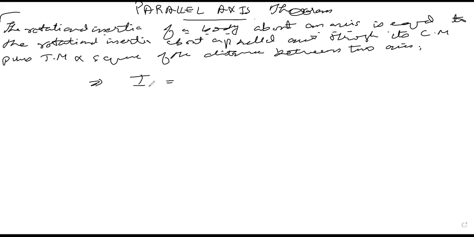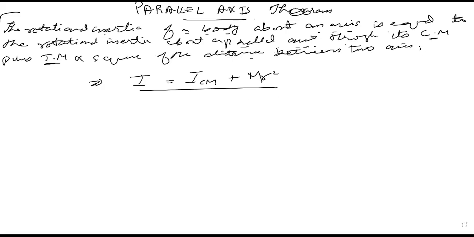This can be any axis, and it is equal to the rotational inertia about some parallel axis through its center of mass, plus the total mass, let's represent it with capital M, times the square of the distance between the two axes. Let's say the distance between the two axes is r. This is the general form of this theorem.